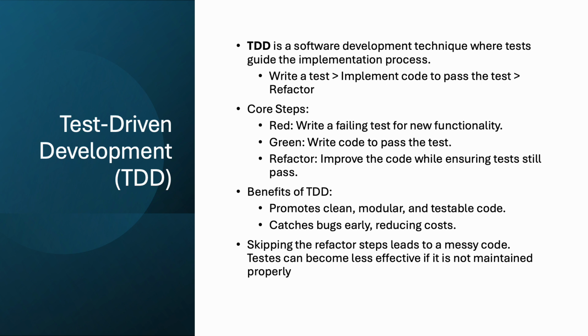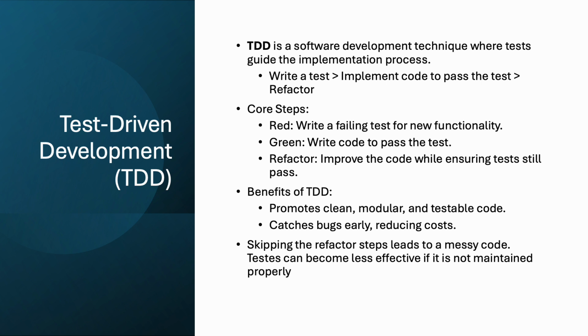Some core steps in TDD are as follows. Red, which is to write a failing test for new functionality. Green, write code to pass the test. And refactor, improve the code while ensuring the tests still pass.